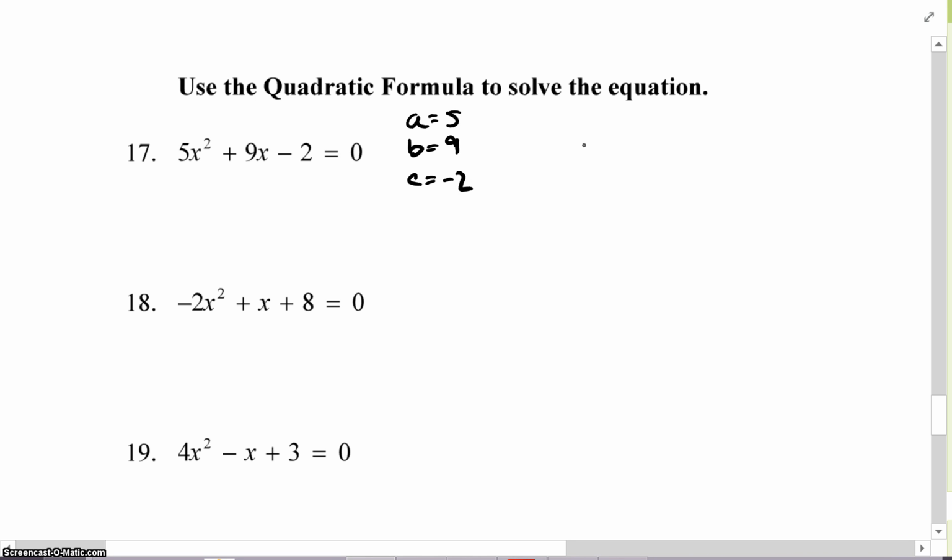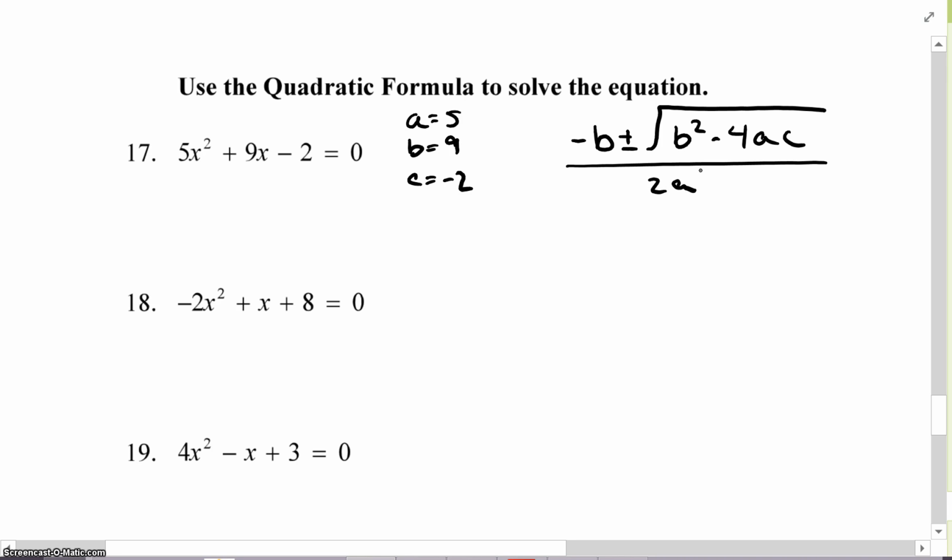So the quadratic formula is negative b plus or minus the square root of b squared minus 4ac all over 2a. So that's going to be -9 plus or minus the square root of 81 minus 4 times a times c. Well, a times c is -10, so it's going to be -40.